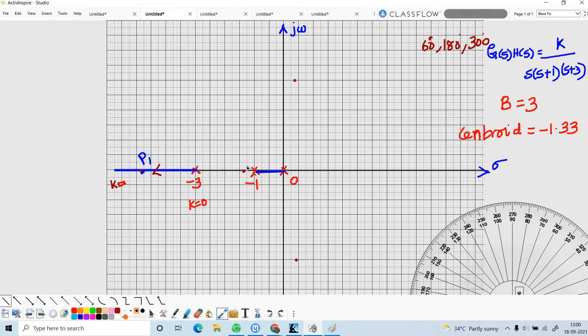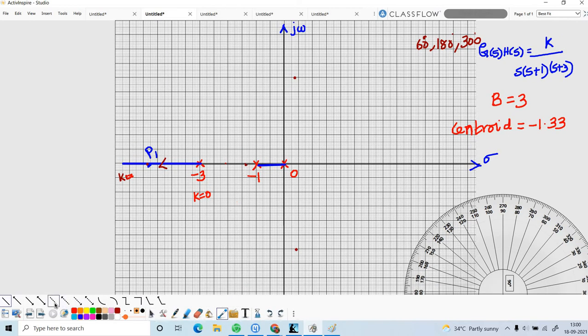Centroid is connected to the angle. Here also I am going to connect this. Okay, these are the three angles.